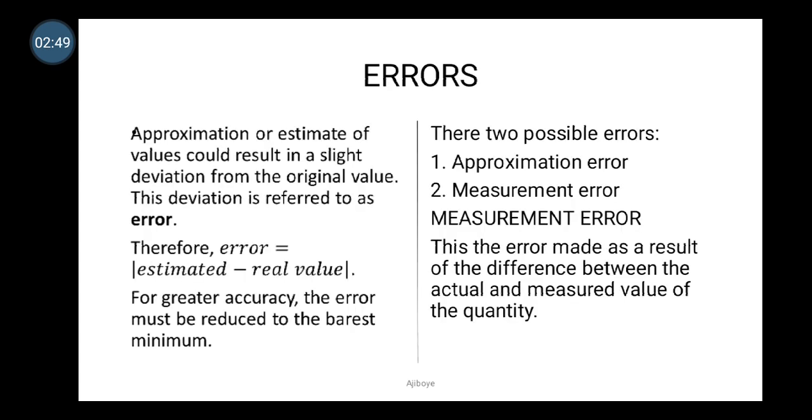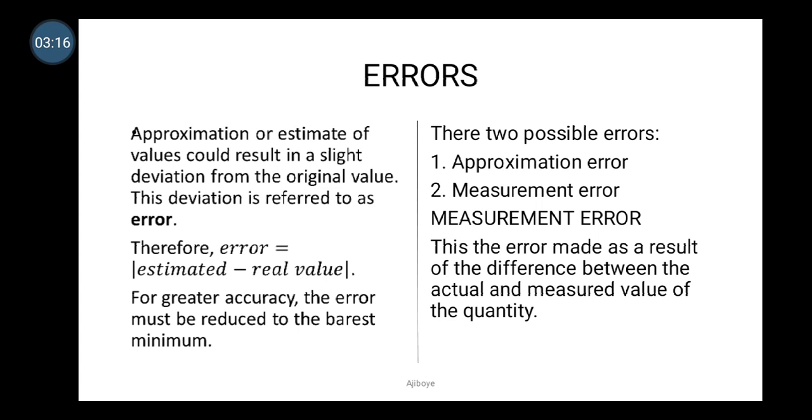Errors. Approximation or estimate of values could result in a slight deviation from the original value. This deviation is referred to as error. That is a deviation from the original value when you approximate is what we refer to as error.